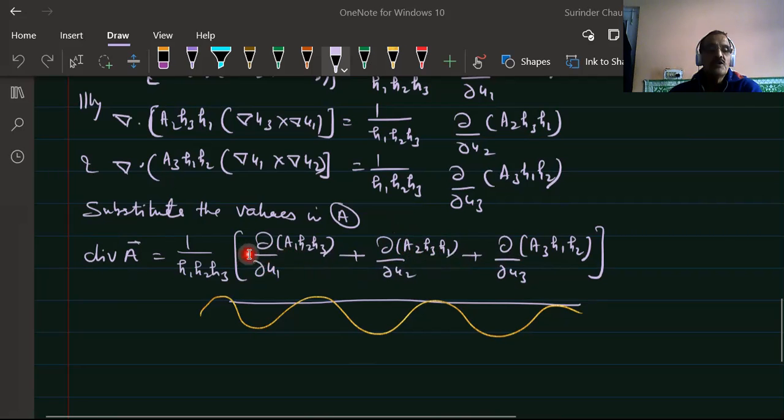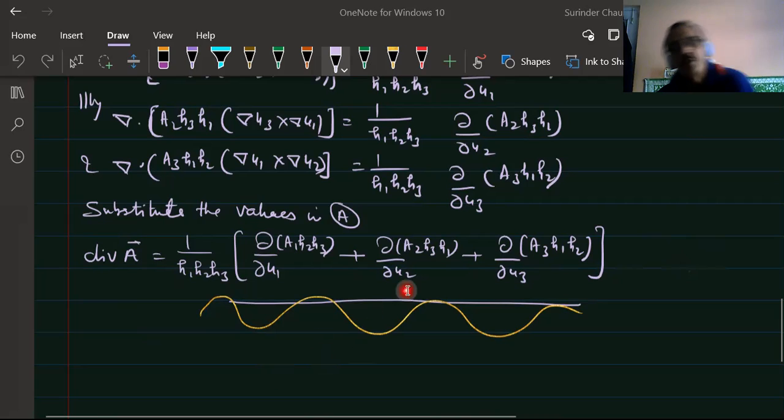Now these are the equations of the gradient of a scalar point function and also the divergence of a vector point function in curvilinear coordinates. You must remember them, and by comparison we can take them to the equations in spherical coordinates as well as cylindrical coordinates.